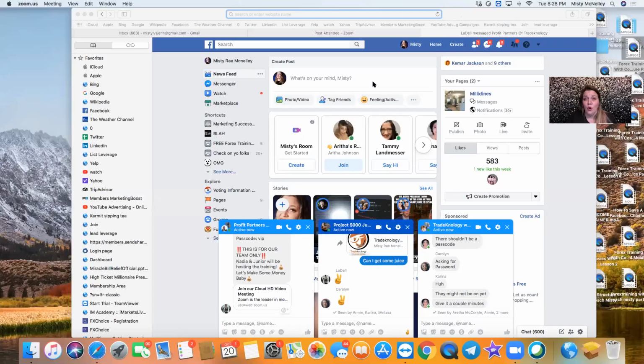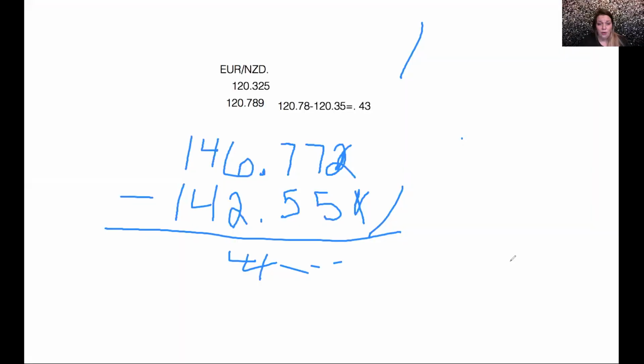We have got standard lots. Write this down.